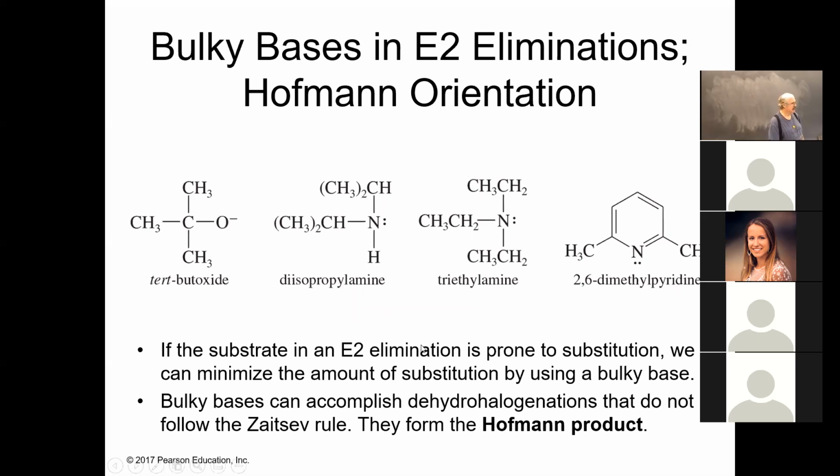So O minus is the basic atom. Here it's nitrogen, nitrogen again, nitrogen. So it's very crowded around the atom that's abstracting the proton. So these are called bulky bases.